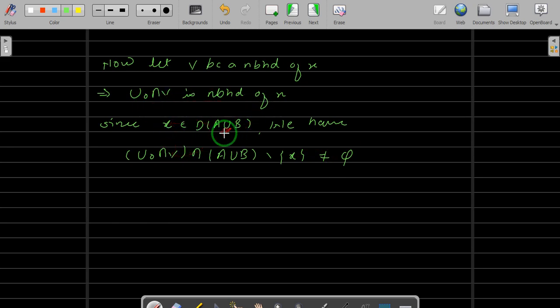So it will contain a point of A union B other than x. This is what we get through the definition.